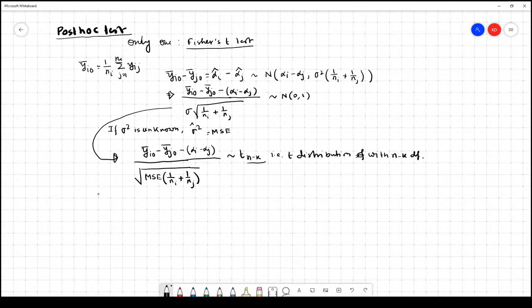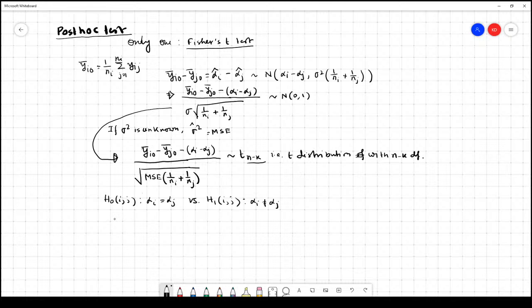If you want to test, here our hypothesis is H0: alpha i equal to alpha j versus H1: alpha i not equal to alpha j.